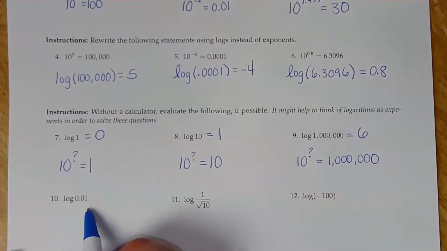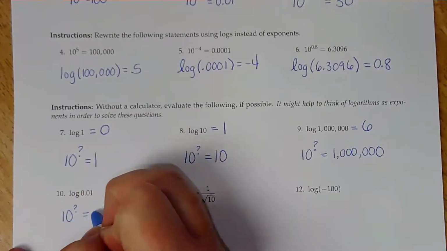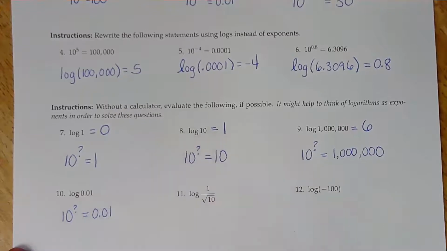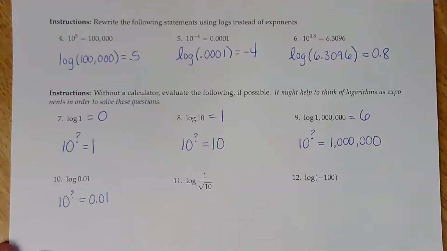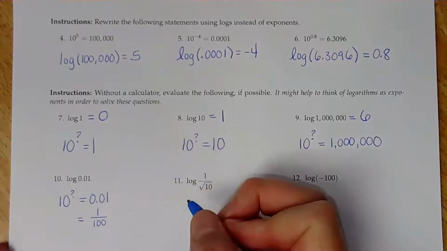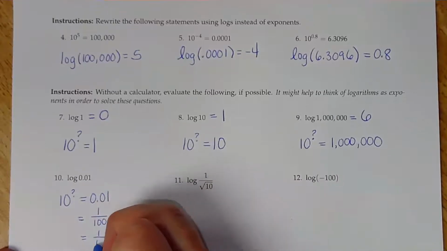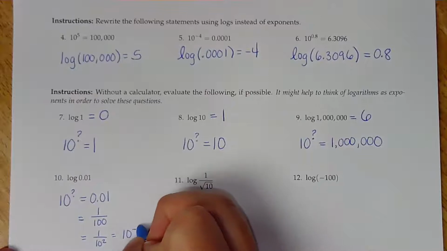Log of 0.01, so this is 10 to the question mark is equal to 0.01. Some of you might be able to do that in your head. For me, I like to think of this as 1 over 100, which is really the same as 1 over 10 squared, which is 10 to the negative 2.